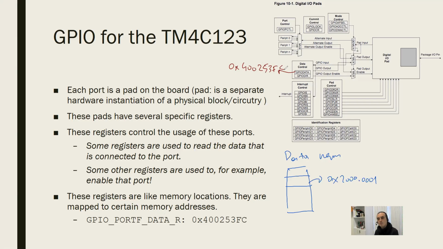What does this mean? Let me tell you. Imagine I have a code like this. LDR R0, equals this value, 425 3FC. And I say STR R1, R0. Well, what did this operation do?